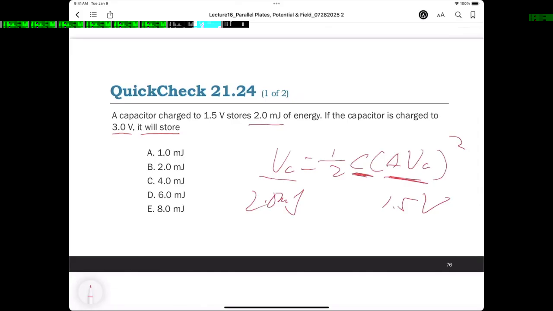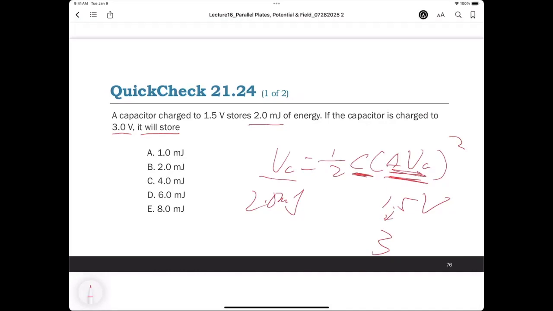If the capacitor is charged to 3 volts, the voltage goes from 1.5 to 3, which doubles, but because of the square, the energy should be 4 times the original, so it should be 8 mJ.